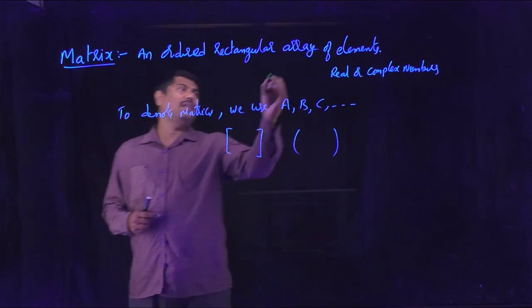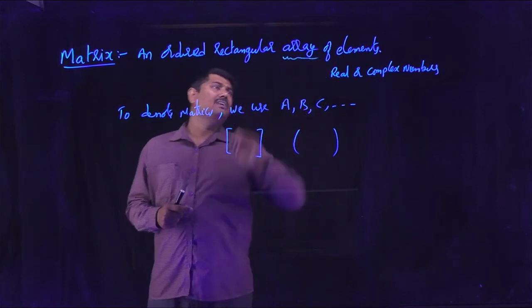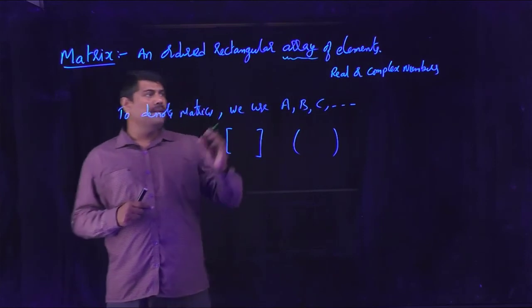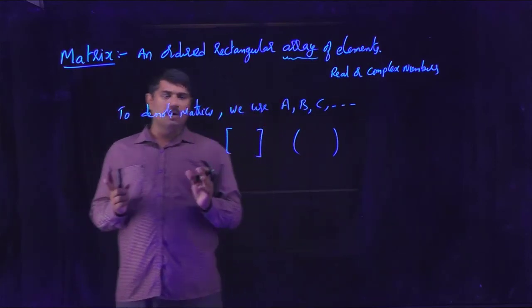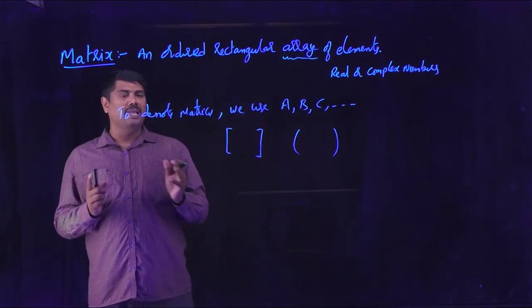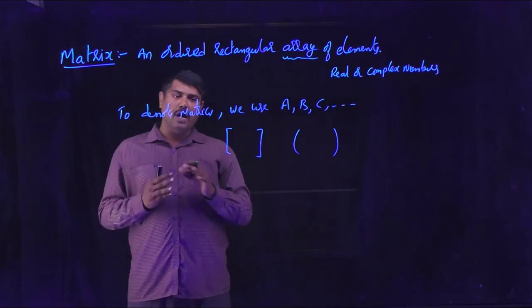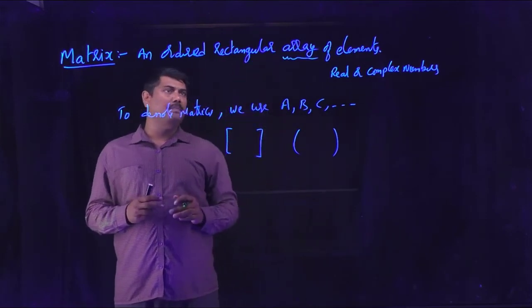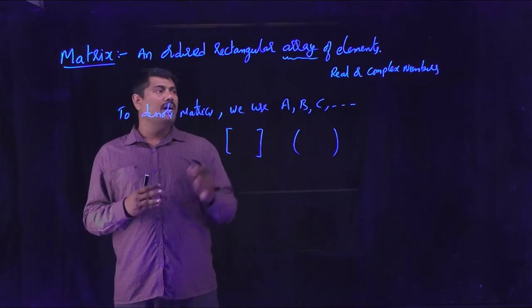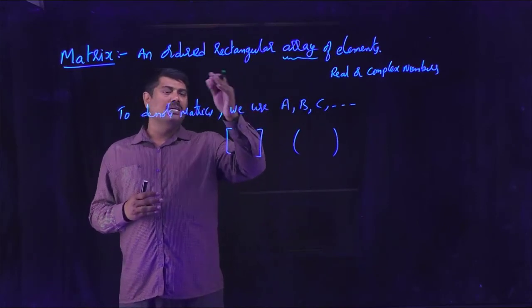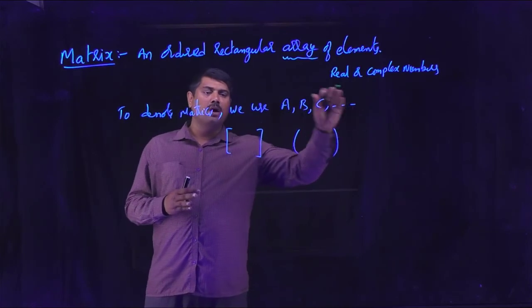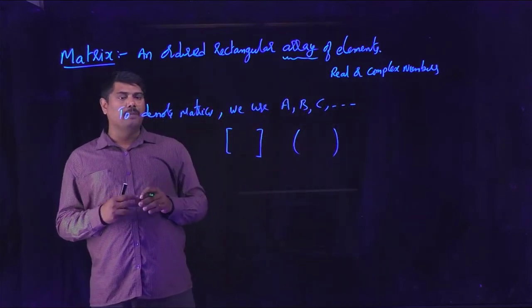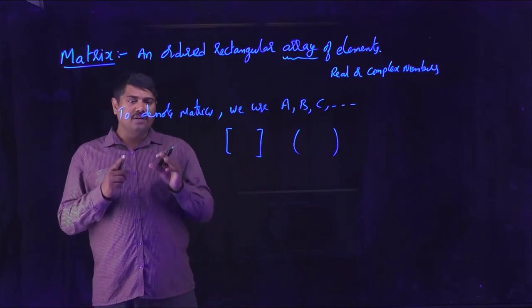Now array means arrangement, I already told you. In the arrangement of the elements, we have two concepts. The elements may be arranged in the horizontal manner. Why? Because we are arranging the elements in rectangular order. So the elements may be arranged in horizontal way or in vertical way. The arrangement of elements constitutes two ways.